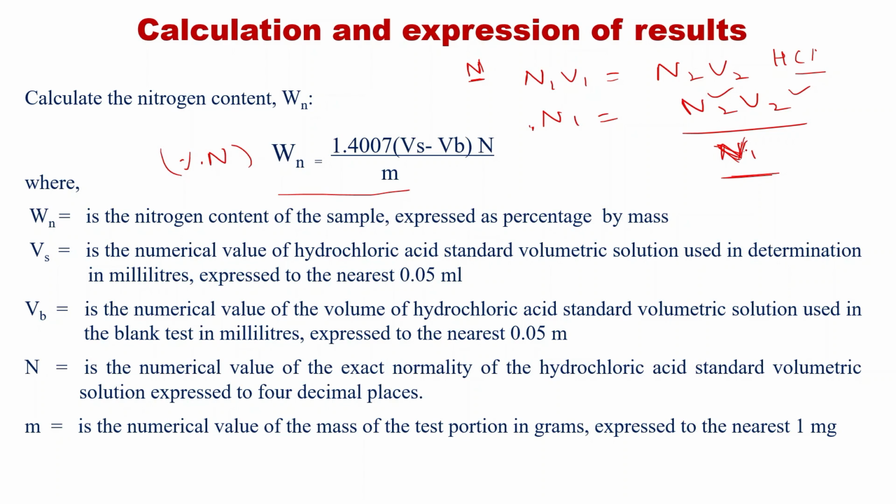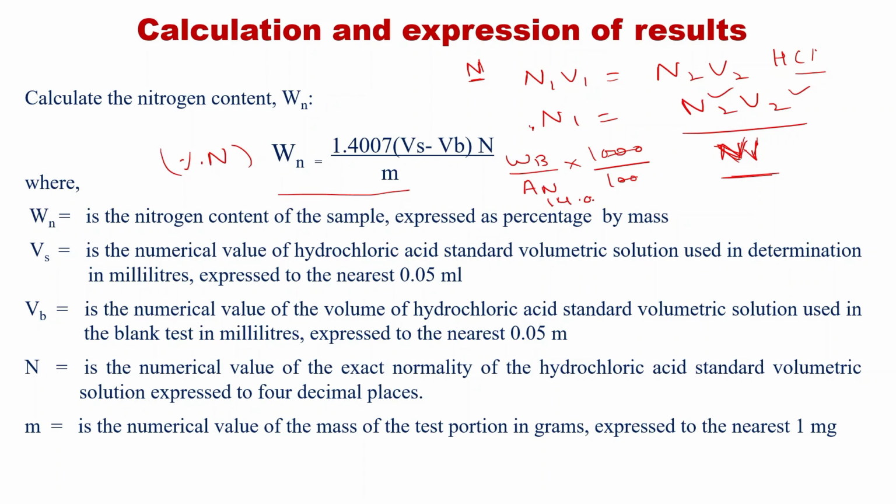Okay, now normality of nitrogen. How will we write this? The weight of the nitrogen divided by the atomic mass of the nitrogen, because here a nitrogen element we are taking, into 1000 by volume, that is 100 ml, because we are calculating percentage. The atomic weight of nitrogen is 14.007.